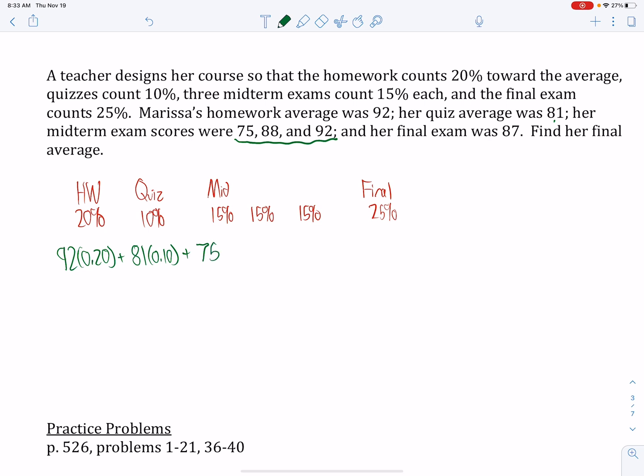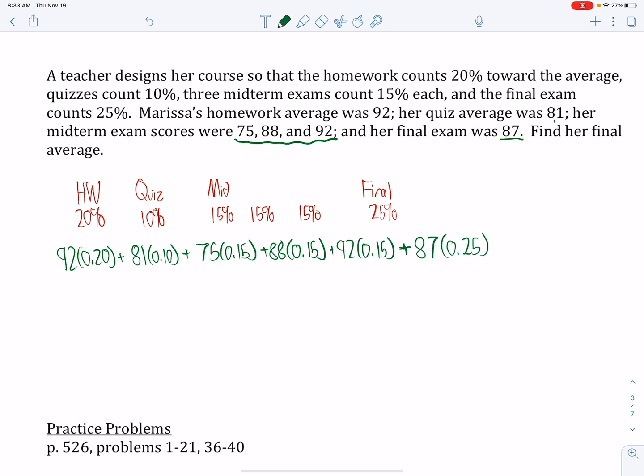So we would have 75 times 0.15 plus 88 times 0.15 plus 92 times 0.15. And then last, the final exam grade was 87, and that one has a weight of 25%, which as a decimal is 0.25.